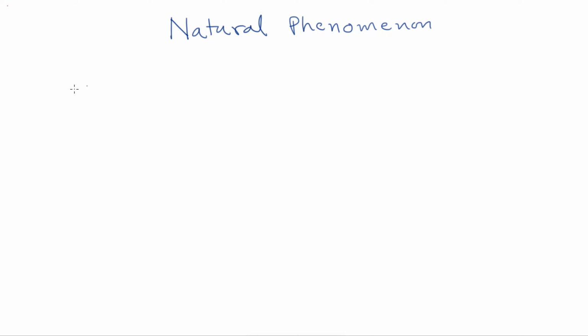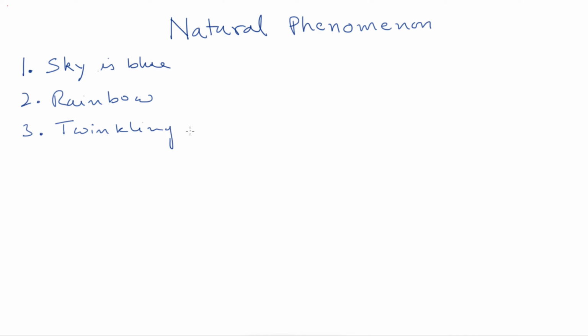Natural phenomena like why the sky is blue, formation of rainbow, twinkling of stars, advanced sunrise and delayed sunset.